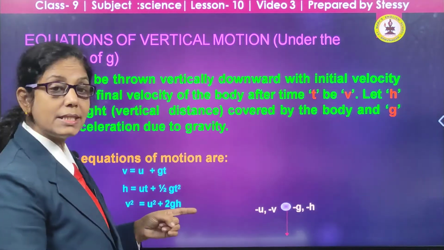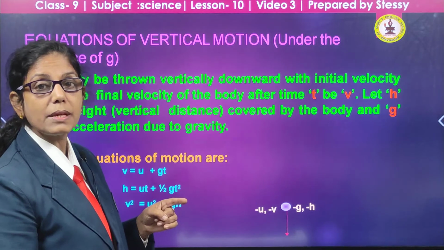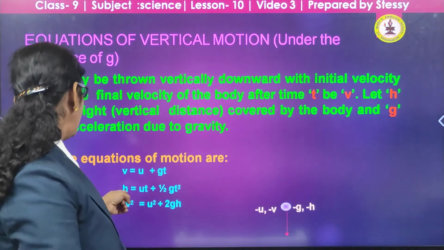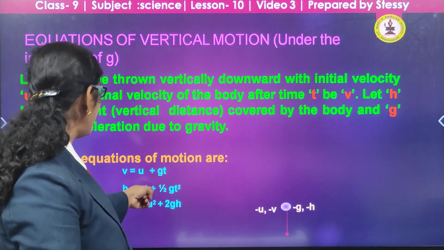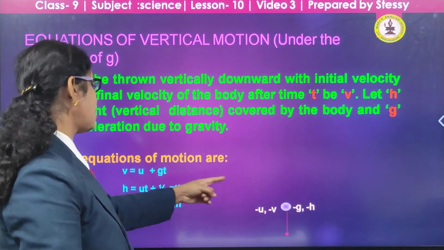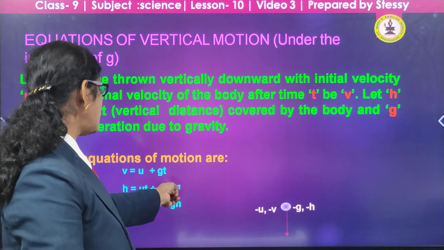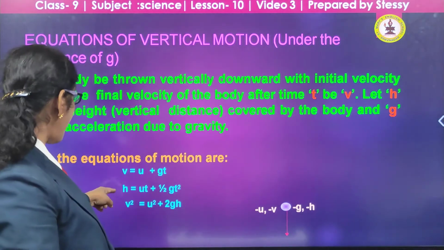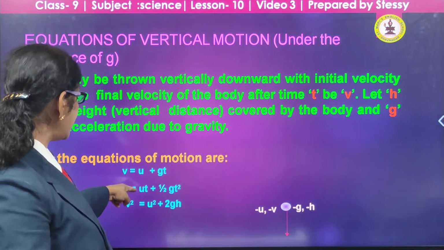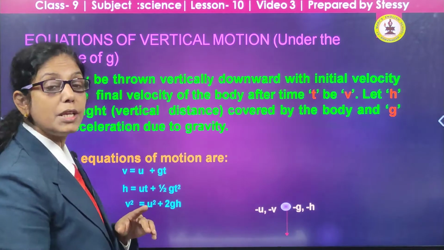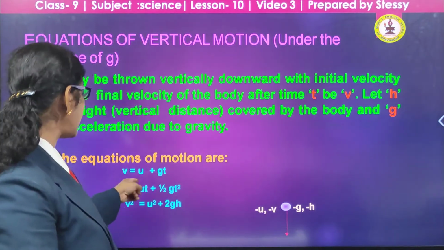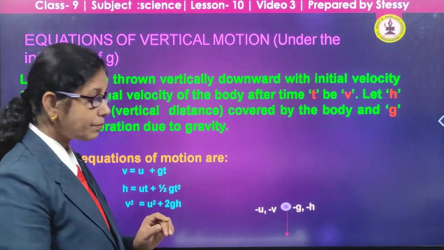Similarly, the second equation, s is equal to ut plus half at squared. Instead of s, we take minus h, minus u, and a is equal to minus g. So our second equation becomes h is equal to ut plus half gt squared. Here also the minus sign cancels from both sides.